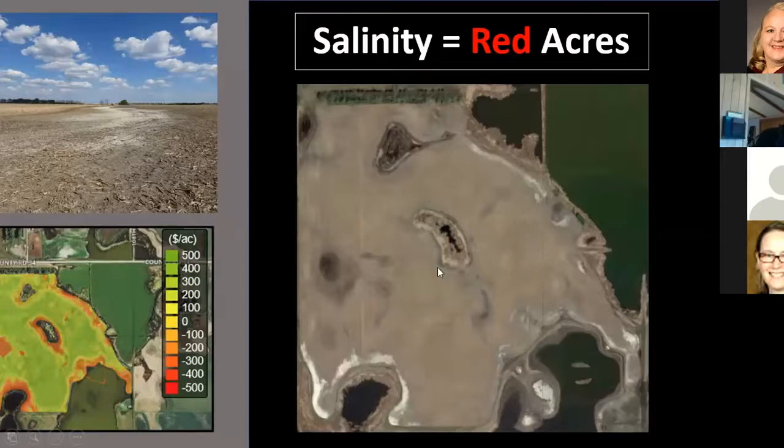Those are salinity issues in that field. Direct correlation back to profitability, which also incorporates yield. As you can see, where we have white on the aerial imagery lights up the most red on the profit per acre. On these areas, we're losing over $200 per acre the way it stands today.